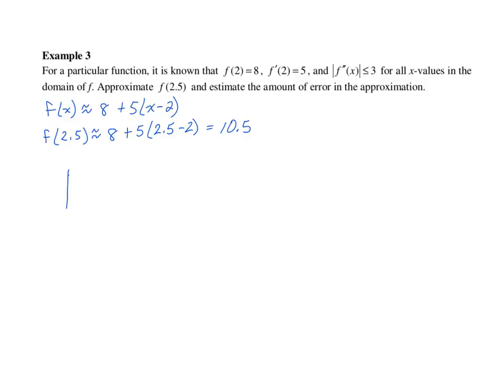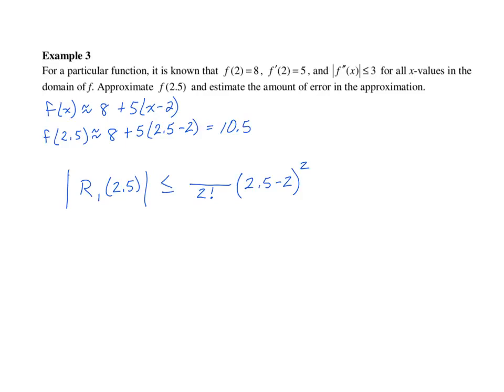Now, estimate the error in the approximation. Well, the remainder, this is a first degree Taylor polynomial at 2.5, has to be less than or equal to M, and our denominator here is going to have the n plus 1 factorial, so that's 2 factorial, times x minus a, so that's 2.5 minus 2 raised to the n plus 1, so that's 2.